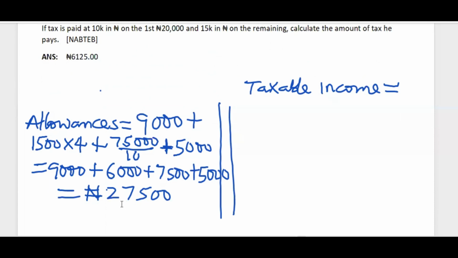That is 75,000 minus 27,500. We're going to get 47,500.